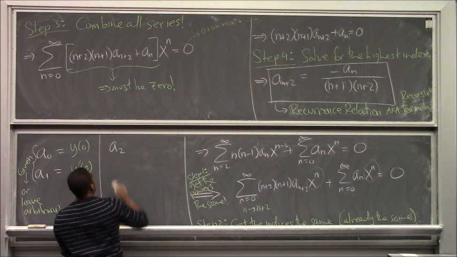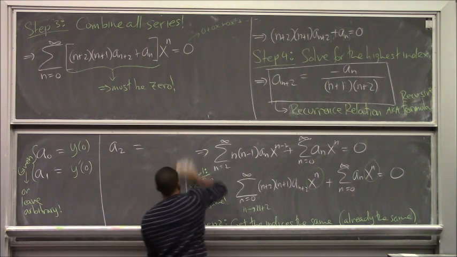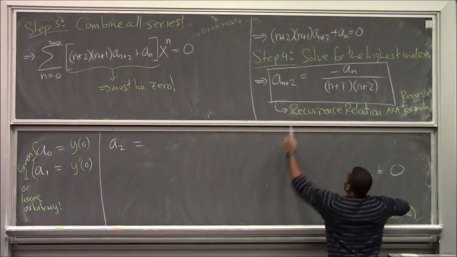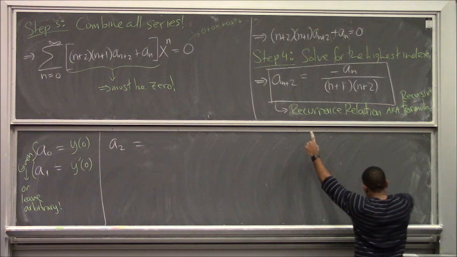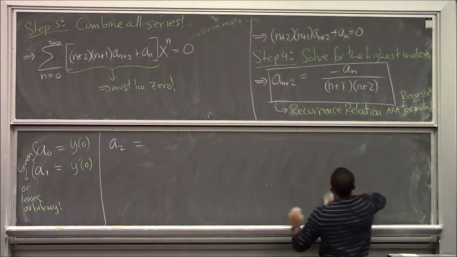So, how would I find A2? Right, I go to the recurrence relation. This tells me that if I know the previous 2 guys, I can find the next guy.